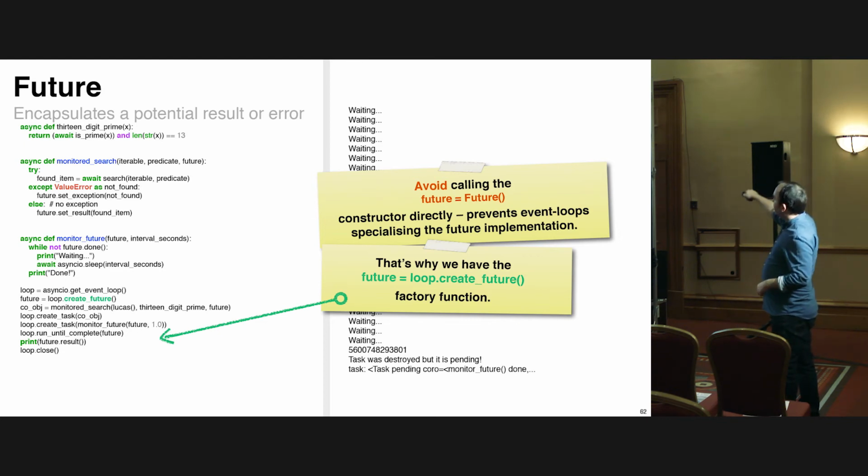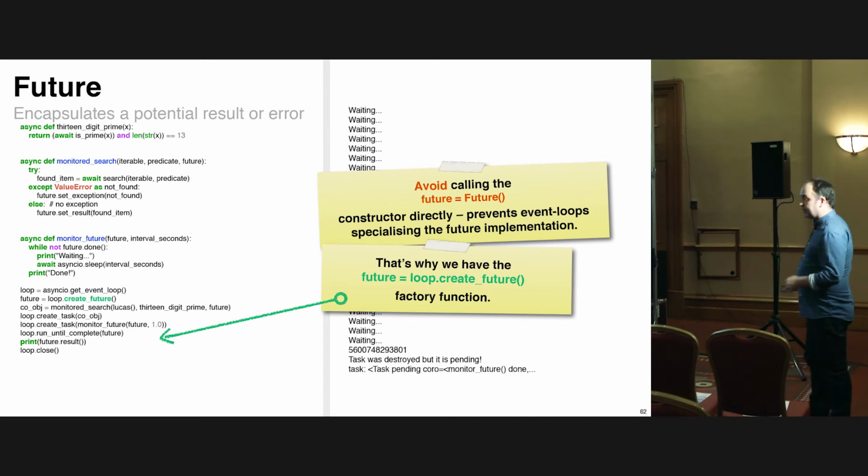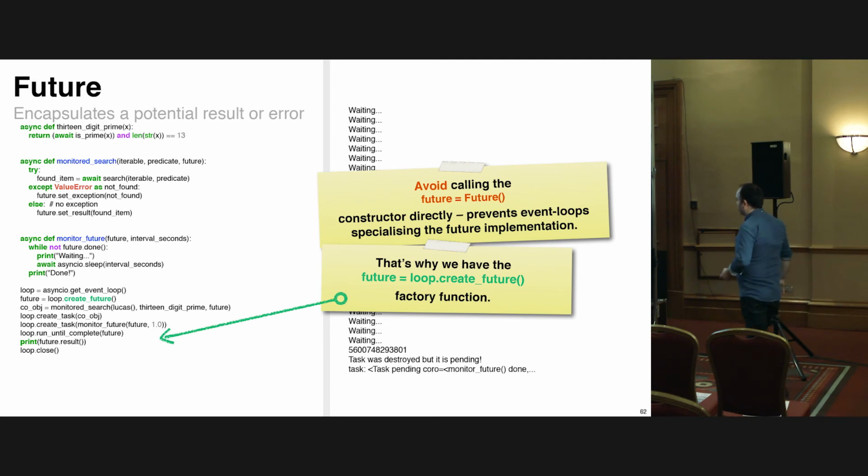And off we go, and it's printing waiting until we get the result, and then the program exits. You see Async IO has some diagnostics in it to tell us that actually when we finished and wrapped up, there was still a task running that didn't exit cleanly. We'll fix that problem in a minute.